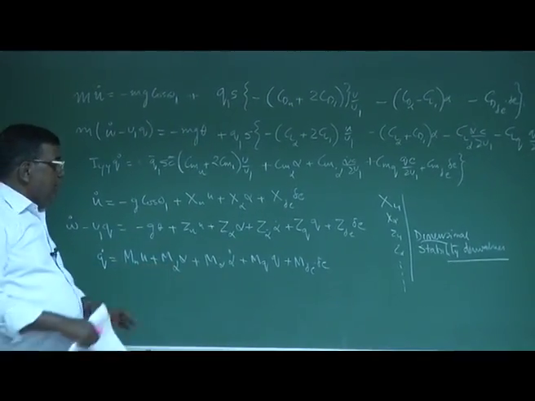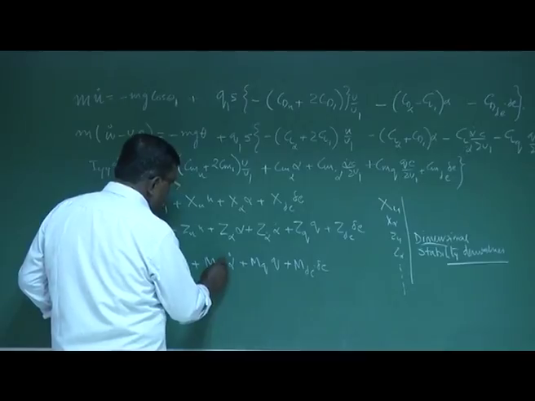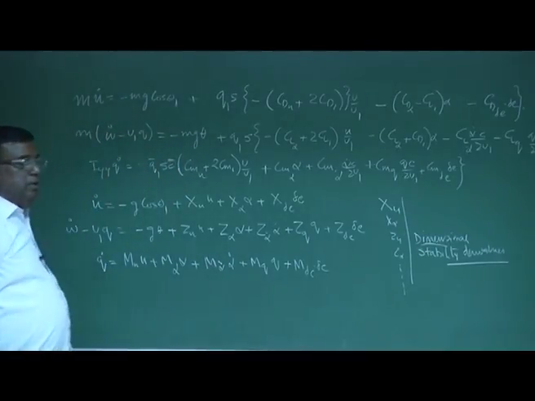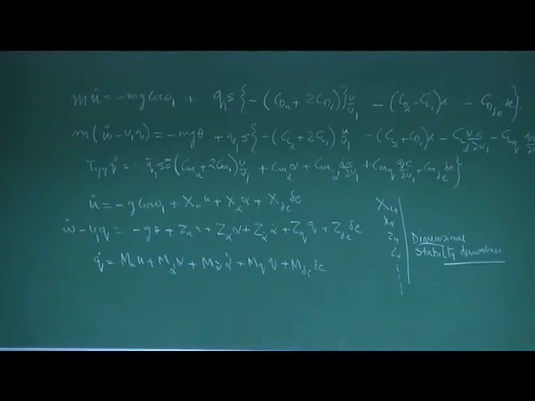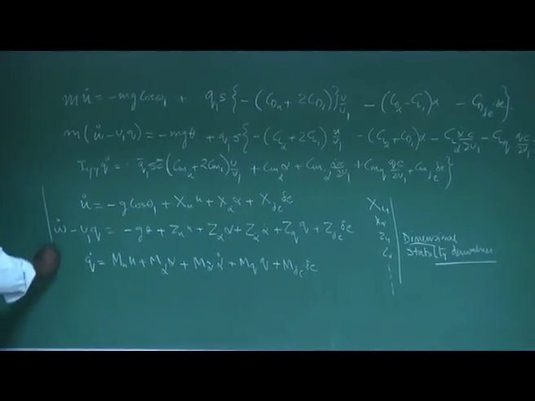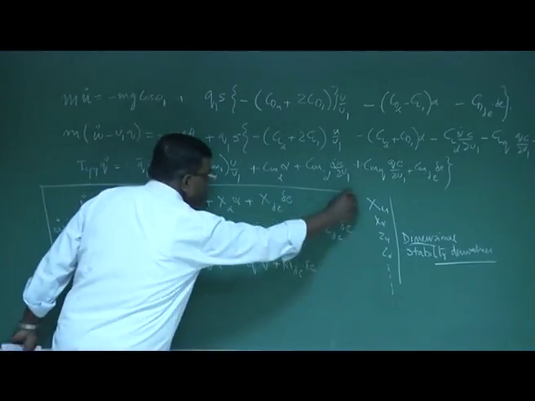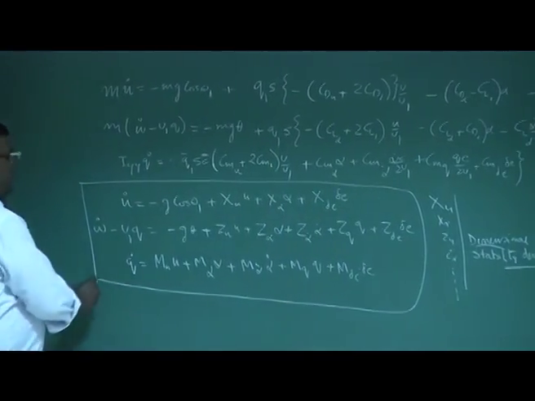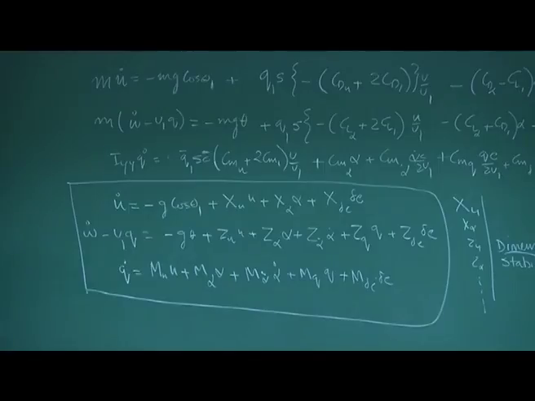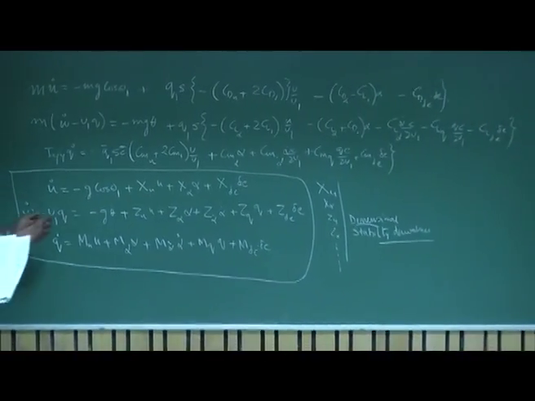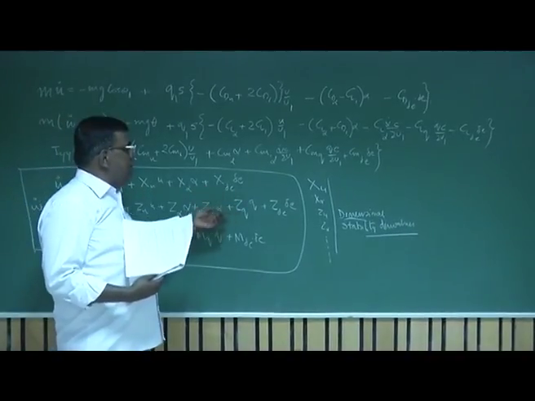If it is M alpha dot, then the corresponding non-dimensional derivative is Cm alpha dot. So once we have this, this is the equation of motion where u, w, and q are the perturbed quantities. For completeness, I will also post the exact expressions of Xu, X alpha, X delta e, etc.